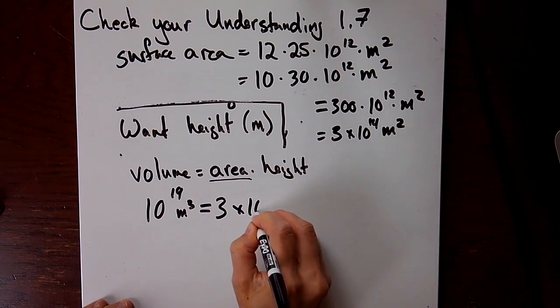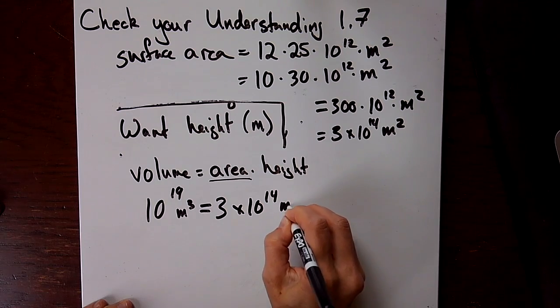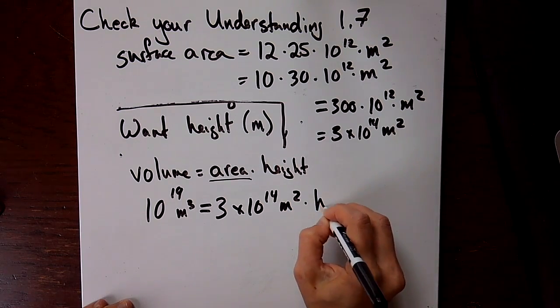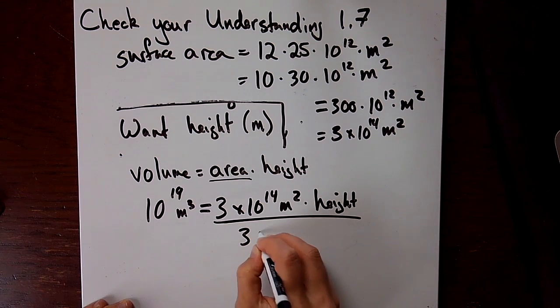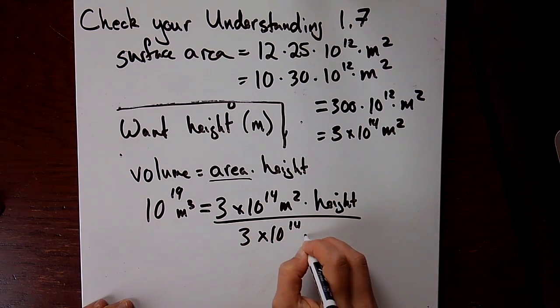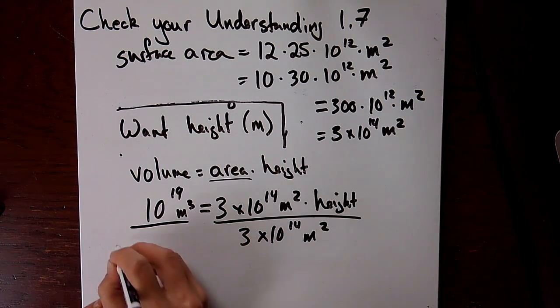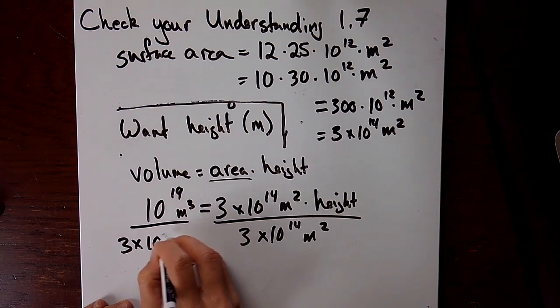3 times 10 to the 14th meters squared times height. And then we'll divide by 3 times 10 to the 14th meters squared. Do that on both sides so the equation remains true.